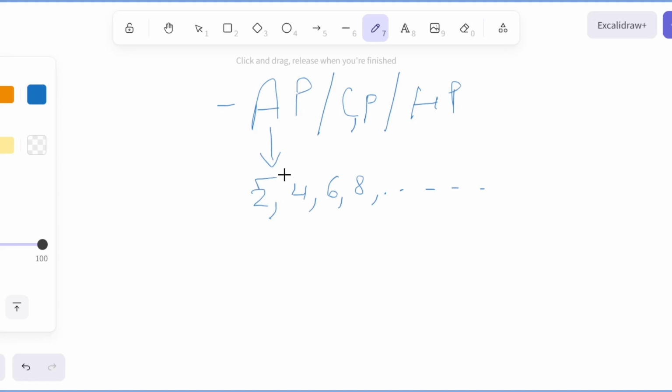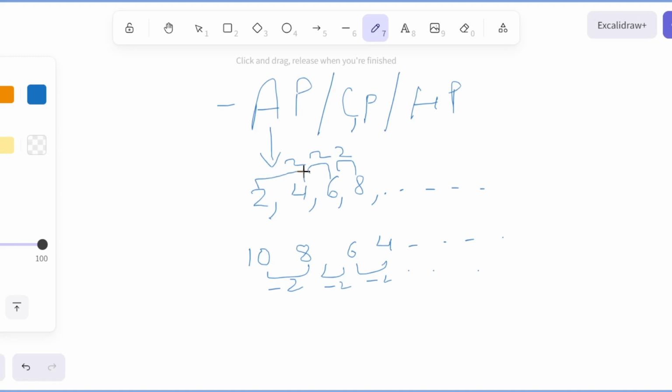Either it can be addition, or it can be subtraction, like it starts from 10, then 8, then 6, then 4 and so on. You keep subtracting the same term throughout, right? Like you did minus 2, minus 2 and so on.